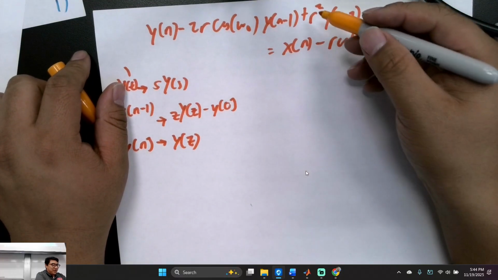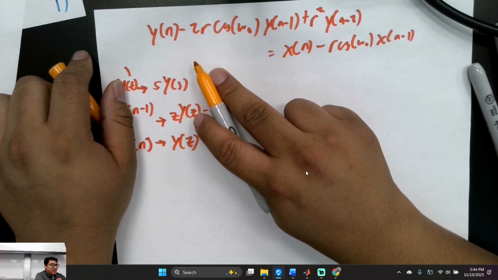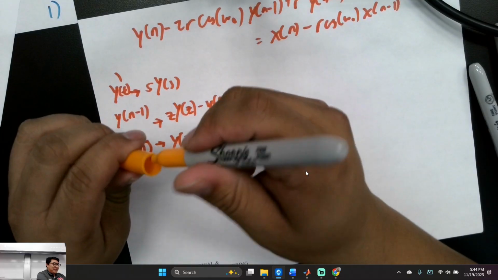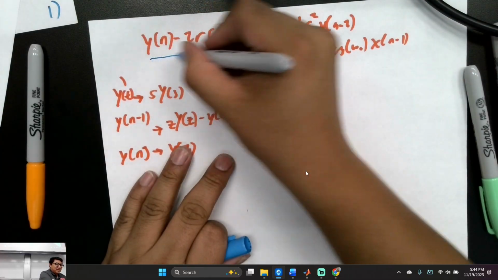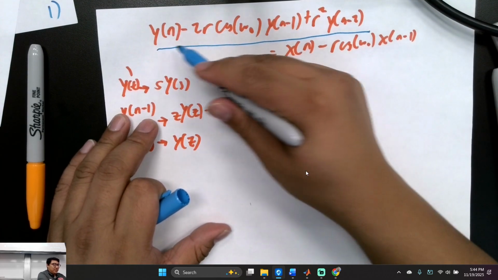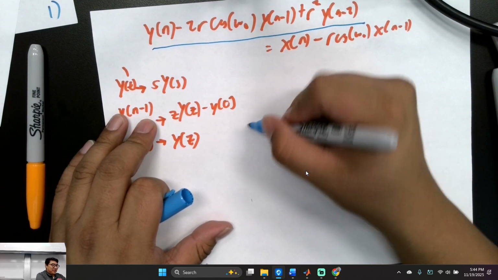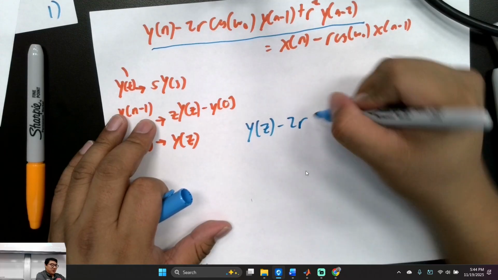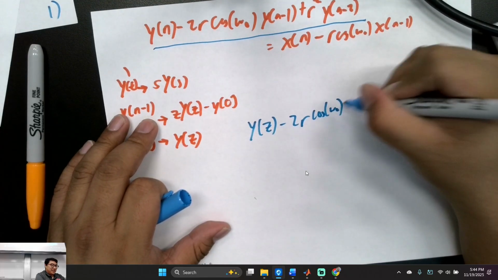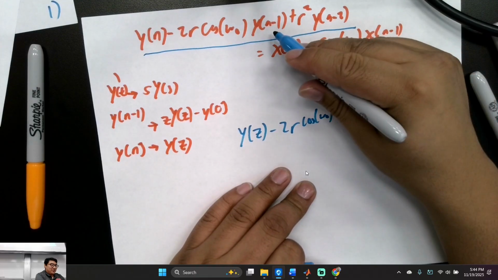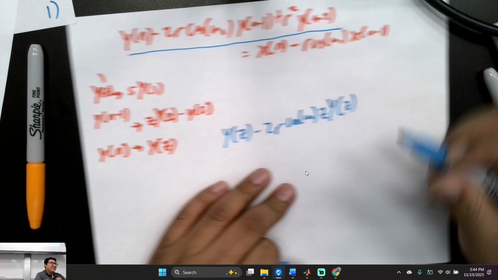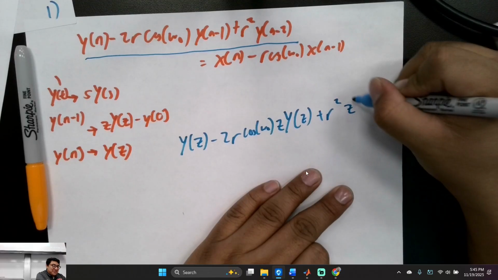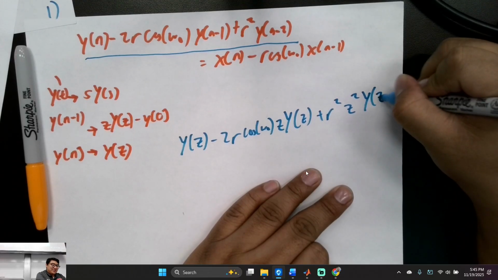If I wanted to rewrite this equation, let me see how I want to show you this. Okay, I'm going to rewrite this. So it's going to be Y(z) minus 2r cosine omega naught z Y(z) plus r squared z squared Y(z).